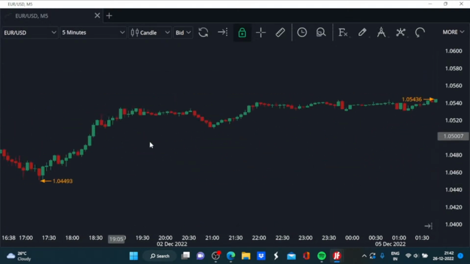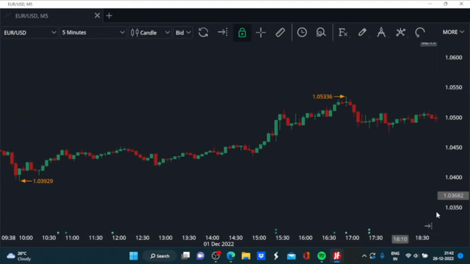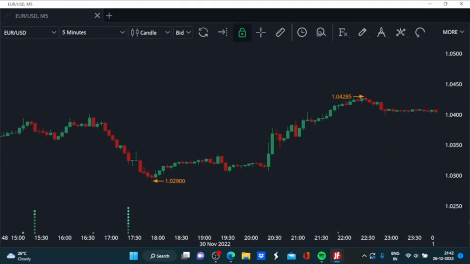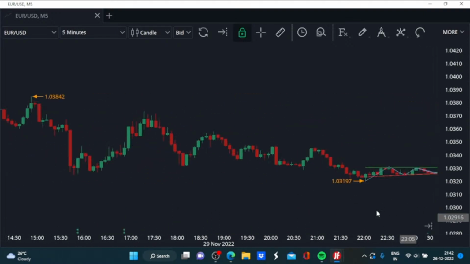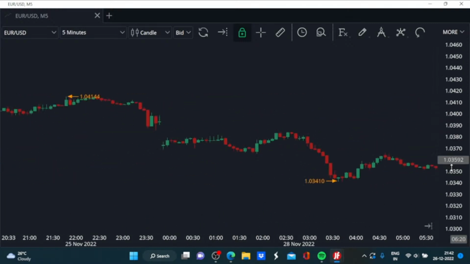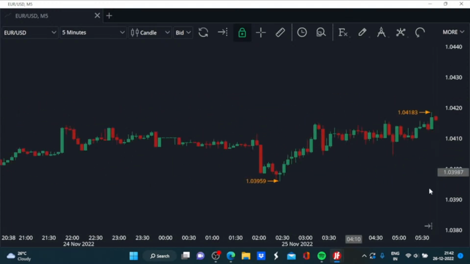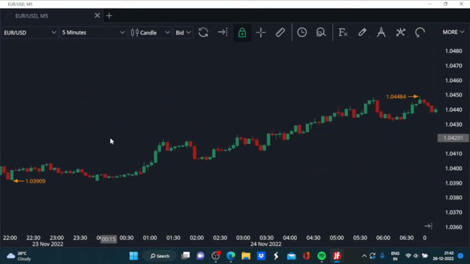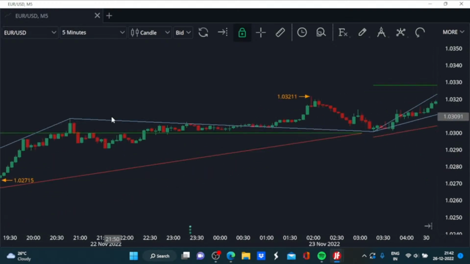We have scanned the chart of almost a month, and yet we are not able to find a single instance of this three black crows formation, even on the 5 minute time frame.